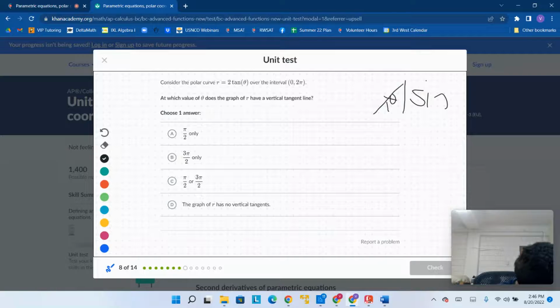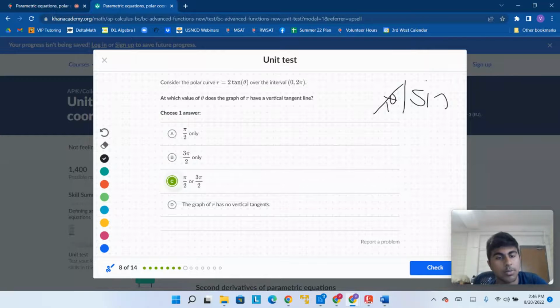And then the 2's are going to cancel out, and essentially you just have cosine theta in the denominator. So r has a vertical tangent line when cosine theta is 0, which is at pi over 2 and 3 pi over 2. So that's our answer right there, and we can move on to the next question.